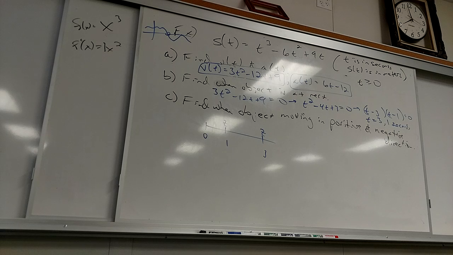Now, if I said, and this happens in this section, if I said, when am I speeding up? What's got to be true in order to speed up? If I'm moving this way in the positive direction, what's the only way I can speed up? If my acceleration is positive also. That means I'm speeding up in that direction. Now, if I'm backing up, what's the only way I'm speeding up?